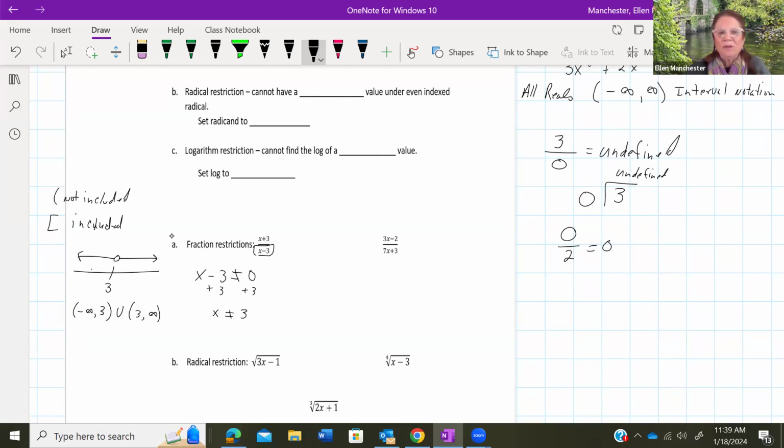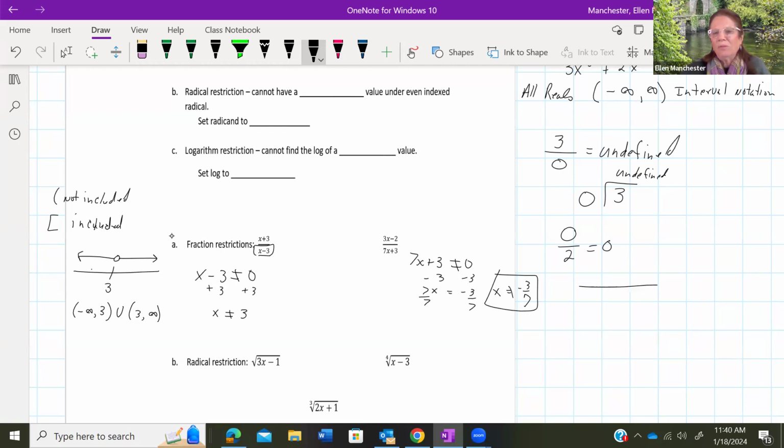Okay, so this is what you would use for interval notation. Same thing here. Notice I'm not even looking at the top. I don't even care about the top. All I care about is that that denominator cannot be 0. So again, using your algebra skills. That's why I say in this class, you have to make sure that your algebra skills are on point, because I'm not going to spend a whole lot of time walking you through why we do it this way. So x cannot be -3/7.